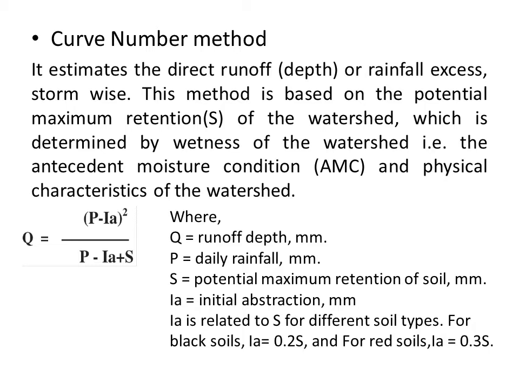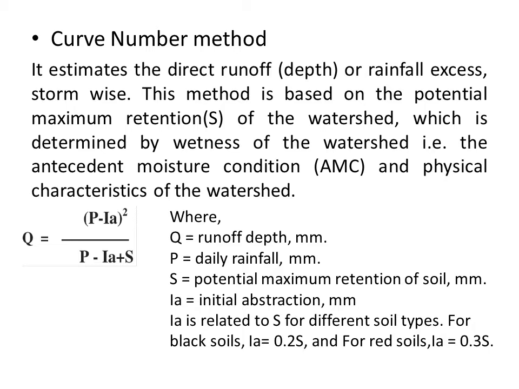It is given by the formula Q equal to (P minus IA) whole squared divided by (P minus IA plus S), where Q is the runoff depth in millimeter, P is daily rainfall in millimeter, S is potential maximum retention of soil in millimeter, IA is initial abstraction in millimeter.